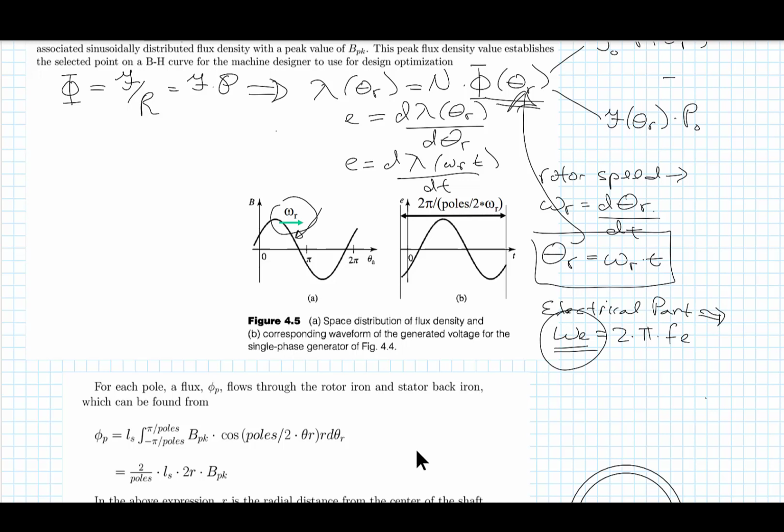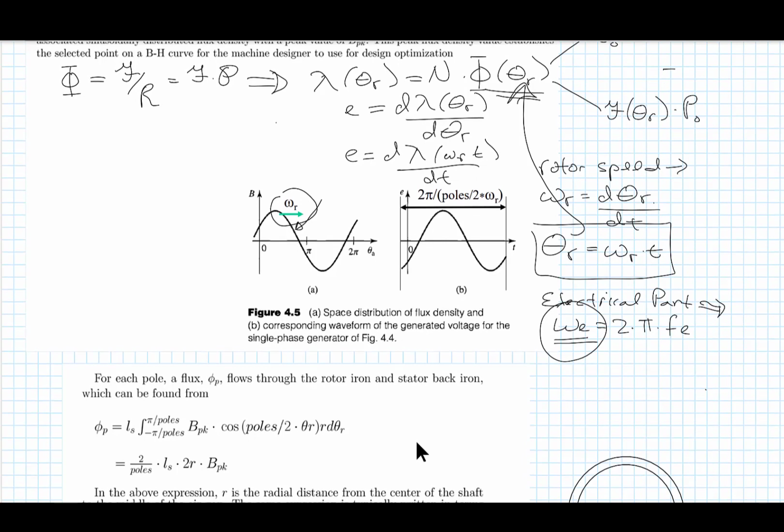This electrical angular speed corresponds to the rotor speed in a synchronous machine. So it corresponds in this way. Omega E is equal to the pole pairs, number of poles divided by 2, times the rotor speed.